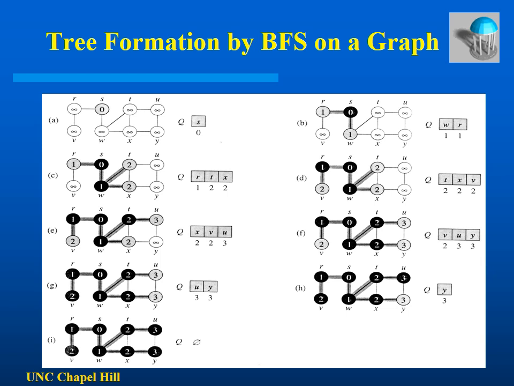We now again move on to the head of the Q, X, take it off, and look at things connected from X. Well, X is connected to W, but that's complete. X is connected to T. It was marked as complete in the previous stage. And so it's complete as well.